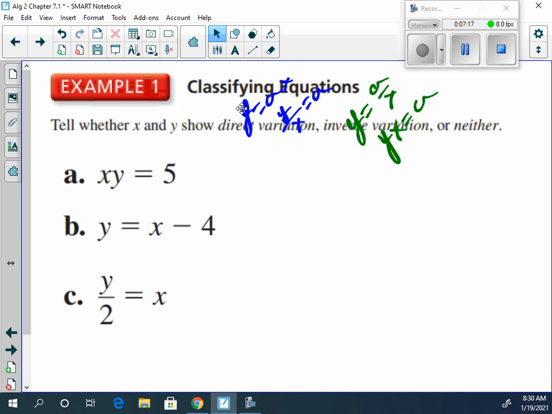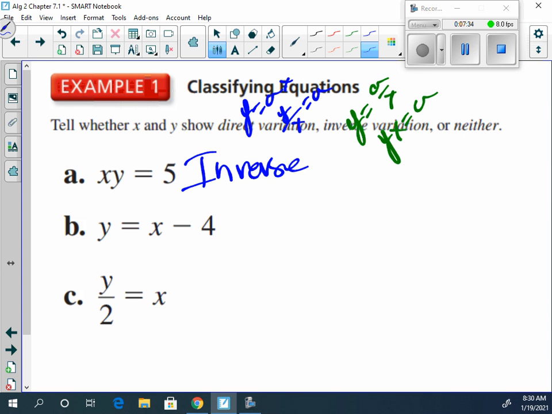Now, if we look at the first one, a, how would we classify this? x times y equals 5. Why would it be inverse? Because x and y, we multiply them together.